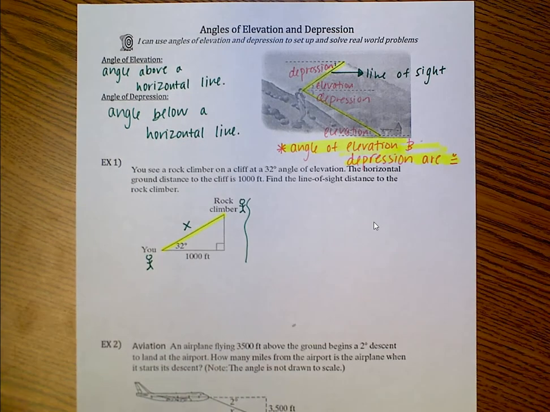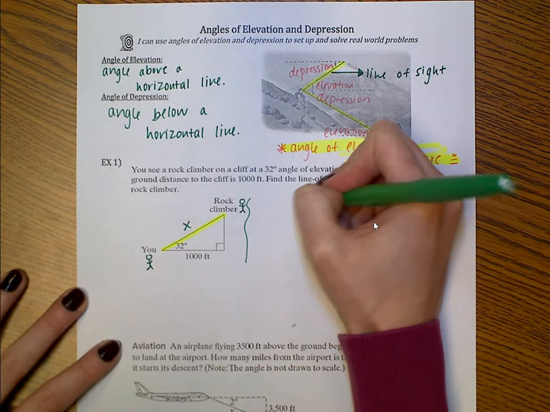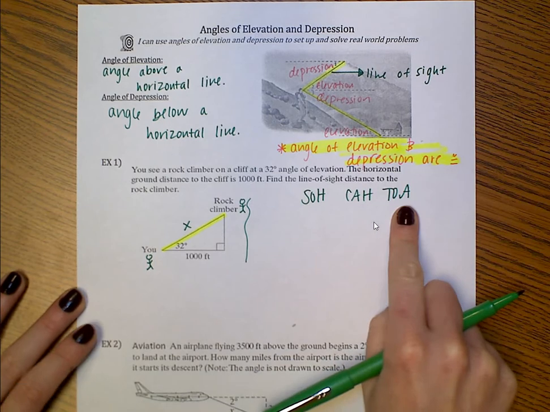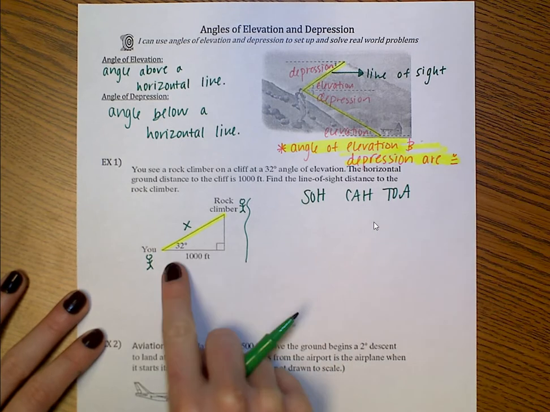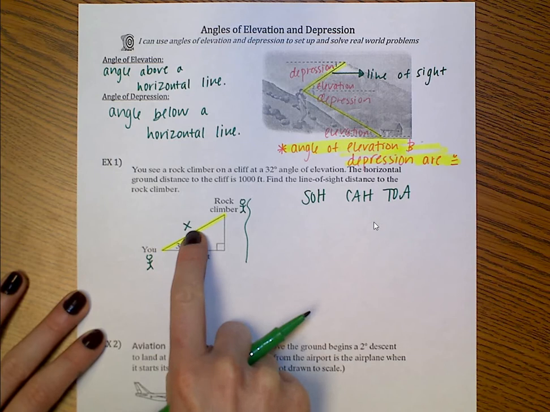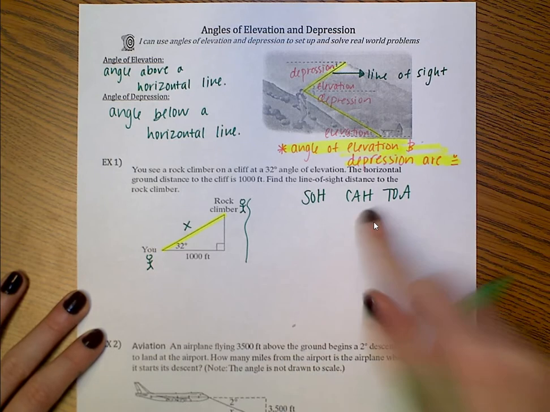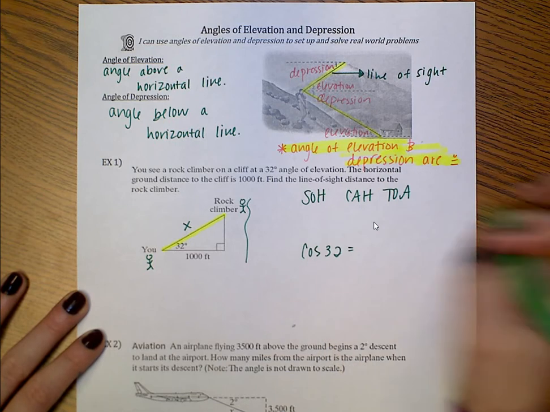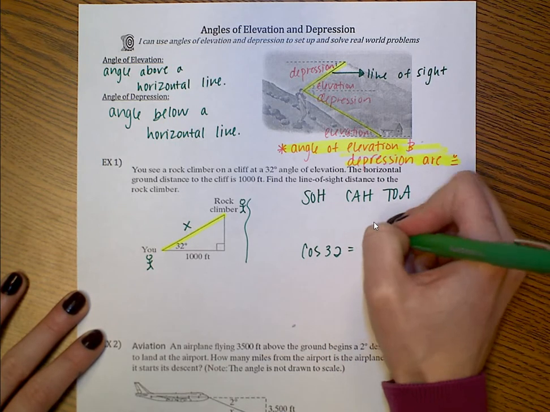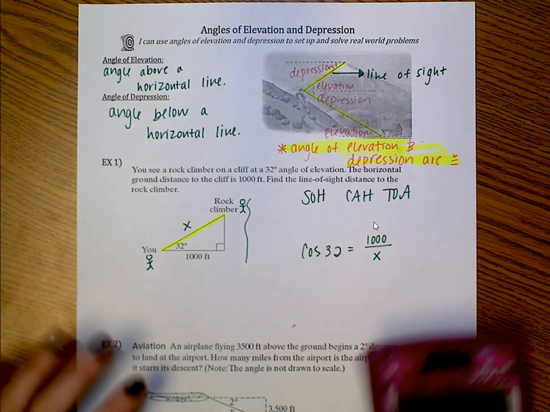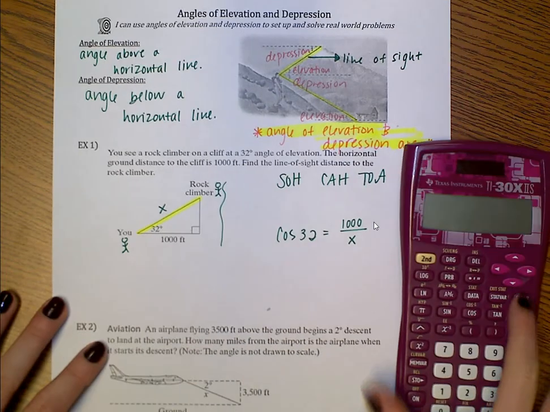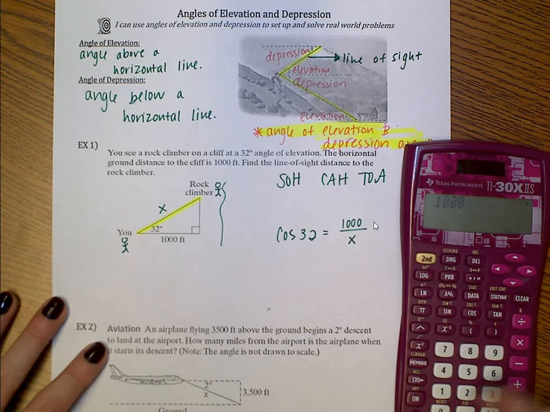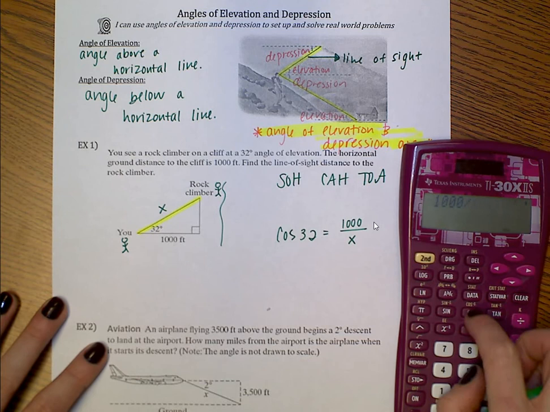They gave me the picture, so all I have to do is figure out, am I going to use sine, cosine, or tangent? So remember your SOHCAHTOA. Now I've got the adjacent leg and the hypotenuse that I'm trying to find. So adjacent, hypotenuse, that's cosine of my angle equals the adjacent leg, 1,000, over the hypotenuse X. I'm hoping that you guys have practiced SOHCAHTOA enough that you know when the number's on top, when you cross multiply and work it out, you end up dividing.